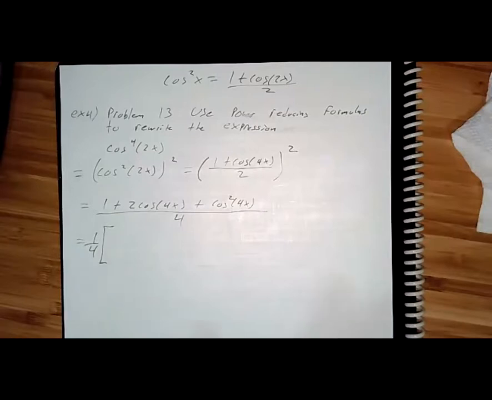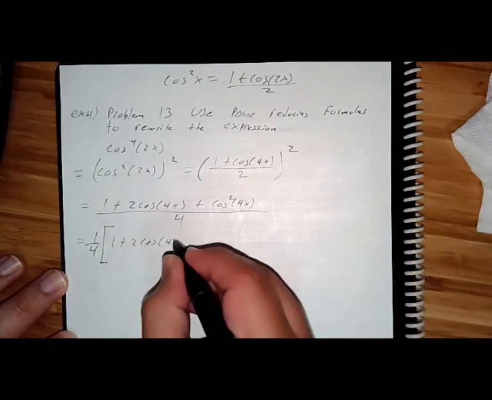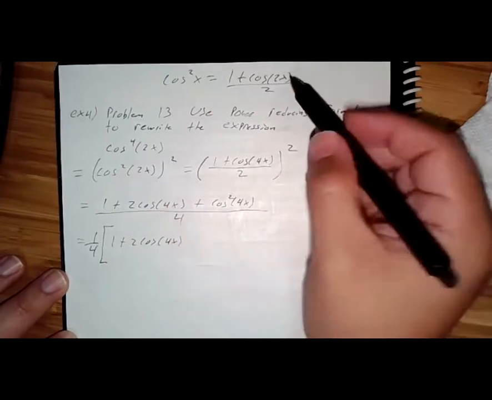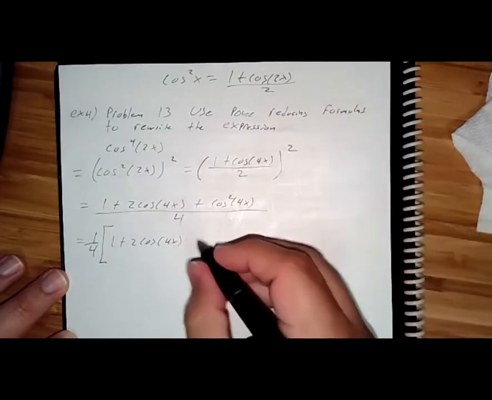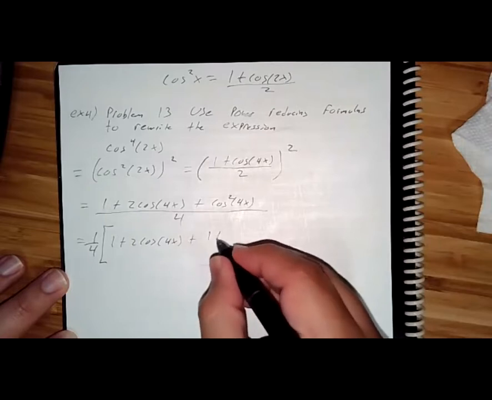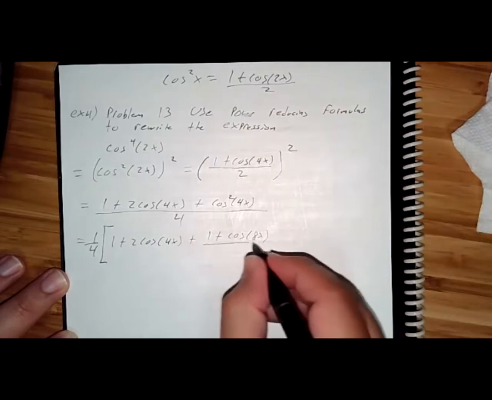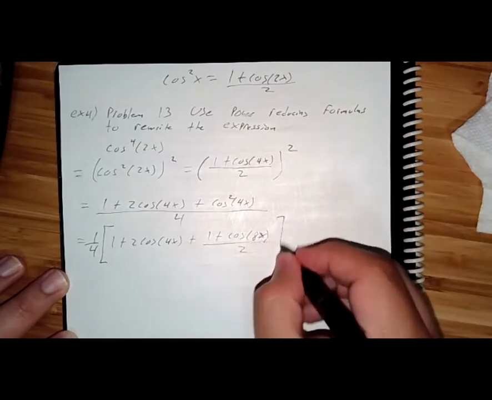That way you don't have to deal with it. So all I have to deal with now is this cosine squared 4x. So apply it again. So the 4 will double to an 8. So you're going to get 1 plus cosine 8x over 2. Does that make sense?